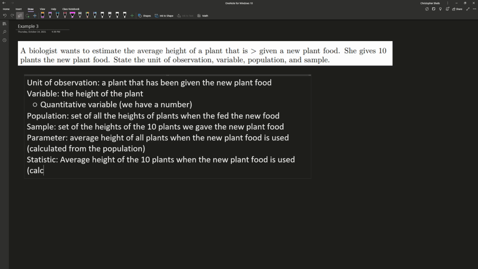This is because I was talking about how the parameter was calculated from the population, so I was about to talk about how the statistic was calculated from the sample. Sorry. And this statistic is, once again, an estimation of the parameter.